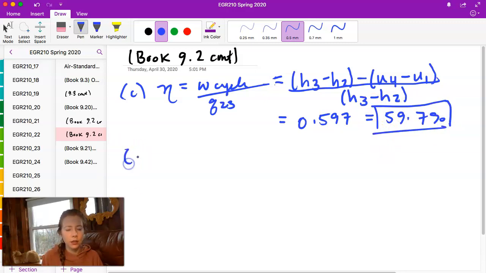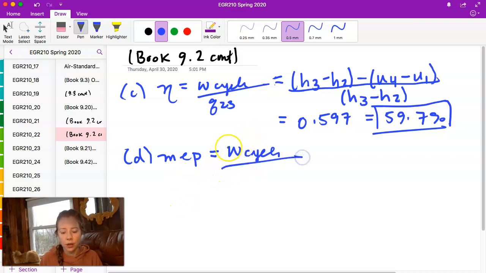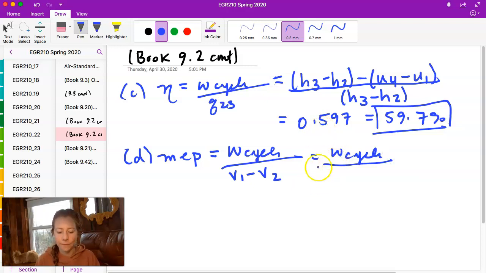For D, we have the mean effective pressure is going to be W cycle over the displacement, which is going to be V1 minus V2 for compression. And so this is the same as W cycle over V1, and I'm just going to pull out the V1, so that's 1 minus V2 over V1.